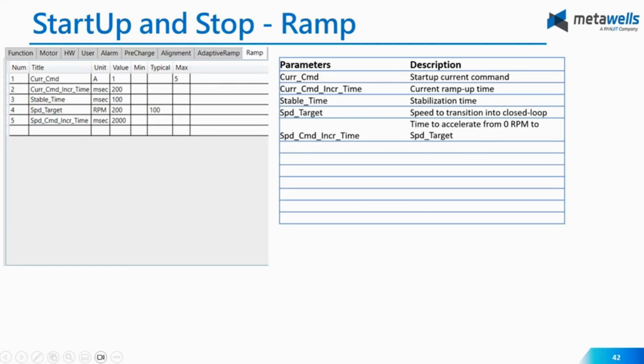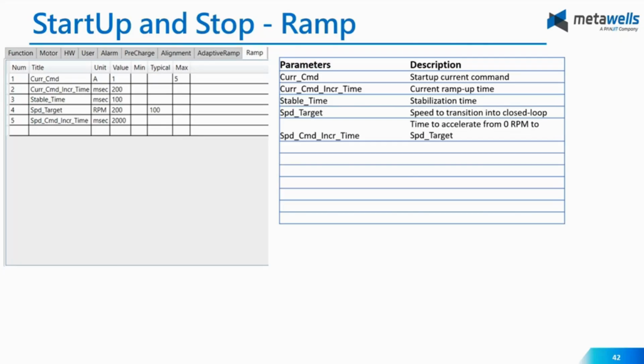Here I want to highlight the importance of the speed target parameter. It determines the speed at which the system switches to closed loop control. Since we are using a sensorless algorithm based on back EMF, the motor needs to reach a certain speed for the back EMF signal to be strong enough for reliable control.